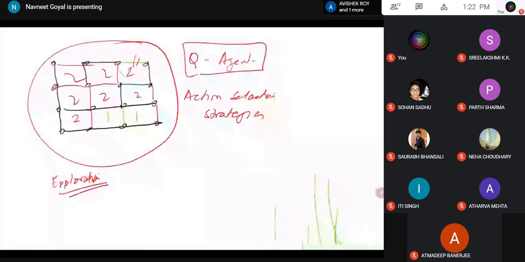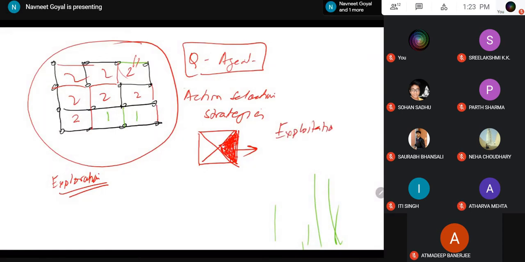So as I told you, each box has say 4 things, and you are always going with the maximum value, right? Whatever is the maximum value, you're always choosing to move in this direction. This is purely what we call exploitation. I'm now trying to discuss exploration in the context of the Q values.